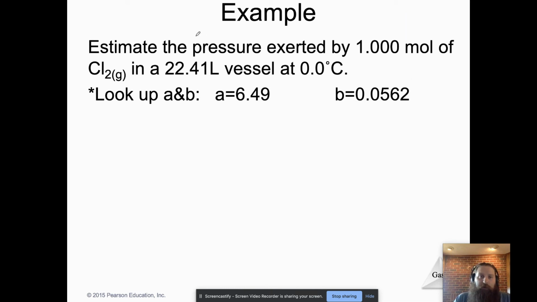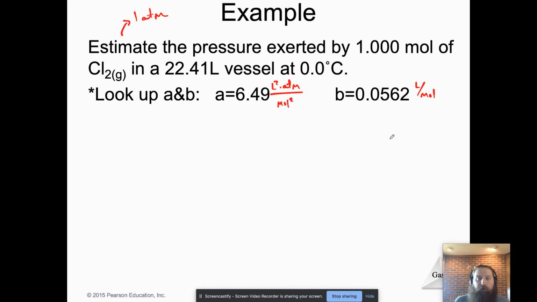So my estimate is 1 atmosphere of pressure. However, we're going to calculate it using the van der Waals equation. So we would need to look up A and B, and I've already done that for you. A is in terms of liters squared times atmospheres over mole squared, and B is in terms of liters per mole.